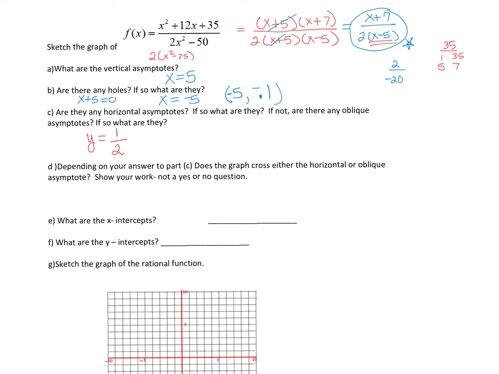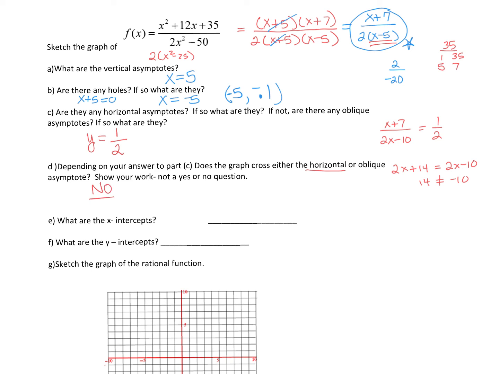We want to know if it's going to cross that horizontal asymptote. So we're going to set the function equal to the horizontal asymptote, and we're going to cross multiply. So 2x plus 14 equals 2x minus 10. And again, we get something that is not true.